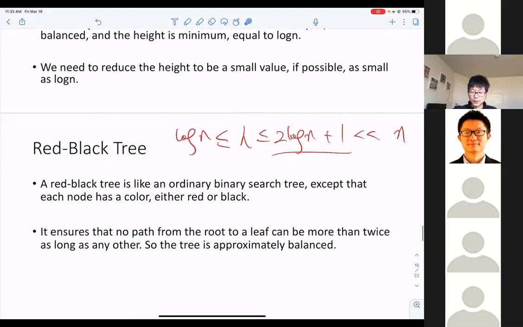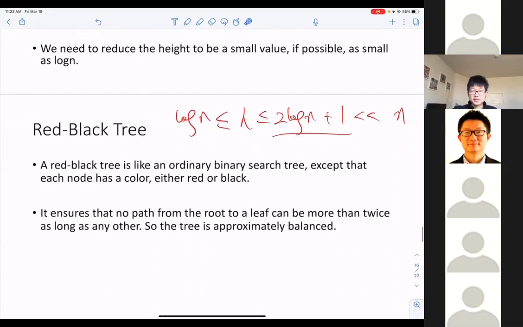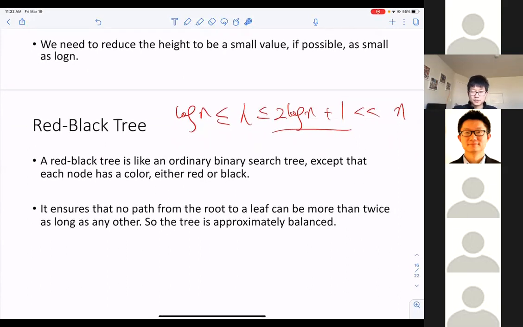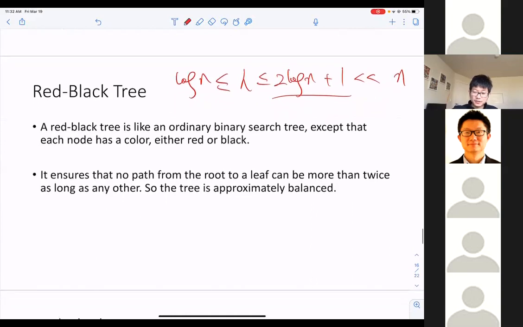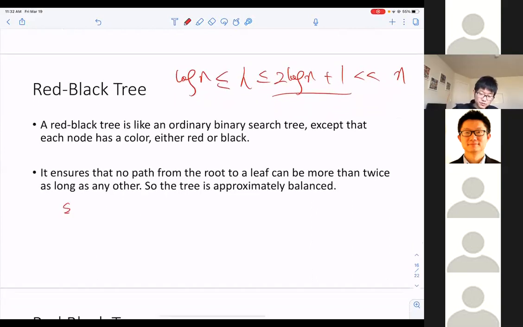Okay, the design of the red-black tree is really cool, and it's really difficult for us to understand. So let me put it in this way. In terms of search speed, so far we have learned array and linked list.